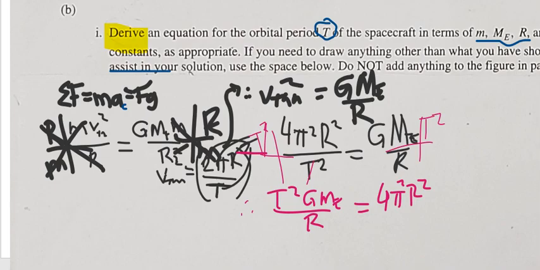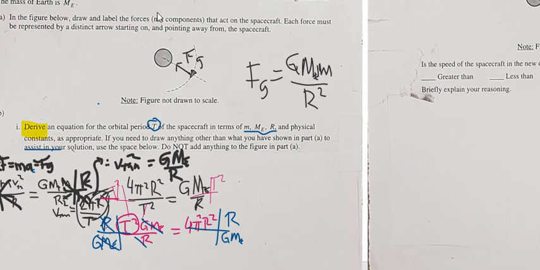Okay, so at this point, I would want to go ahead and just solve for t squared. So basically, at this point, I have t squared equals all of this over here. Sorry about that, there's a little bit of gap there.